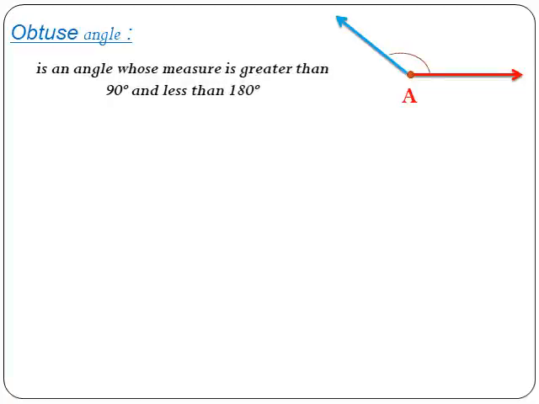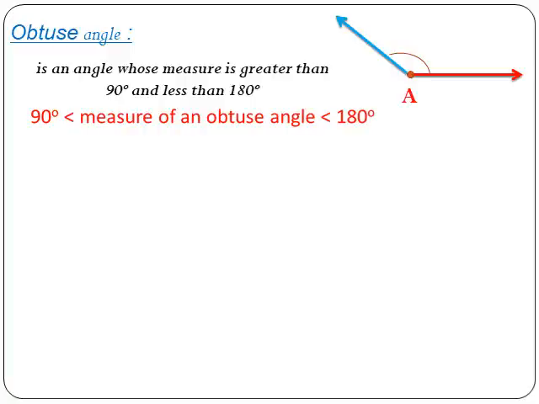So mister, what about the obtuse angle? The obtuse angle, its measure is greater than 90 degrees, that's correct, and less than 180 degrees. Wonderful. So any angle between 90 and 180 you call an obtuse angle.